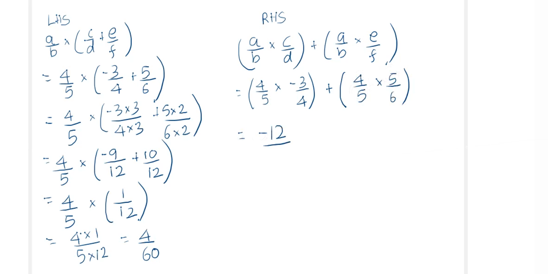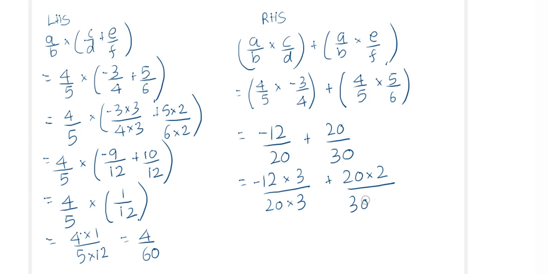So this is minus 12 by 20 plus 20 by 30. So the LCM of 20 and 30 is 60. So minus 12 into 3 by 20 into 3 plus 20 into 2 by 30 into 2. So it's minus 36 by 60 plus 40 by 60. So 40 minus 36 is 4 by 60.